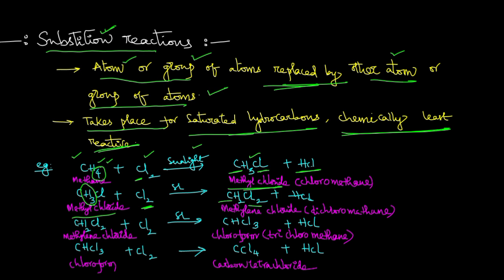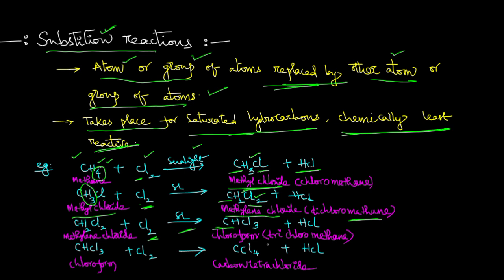CH2Cl2, because here one Cl joins here, so Cl2, and here in CH3, one hydrogen is replaced with Cl, that's why it is H2. So CH2Cl2, which is called methylene chloride, or we can say it as dichloromethane. And this dichloromethane again undergoes the substitution reaction with chlorine in presence of sunlight, which forms chloroform CHCl3.